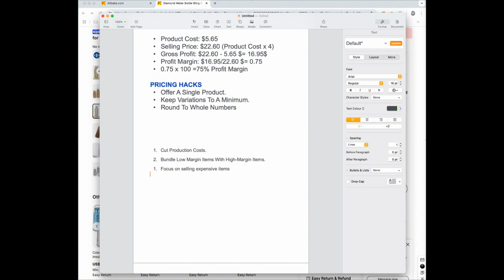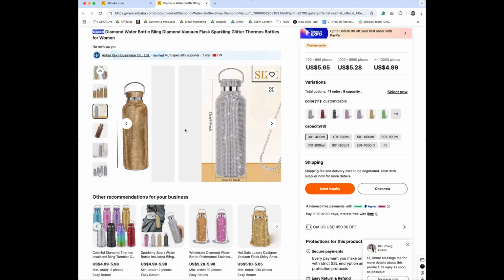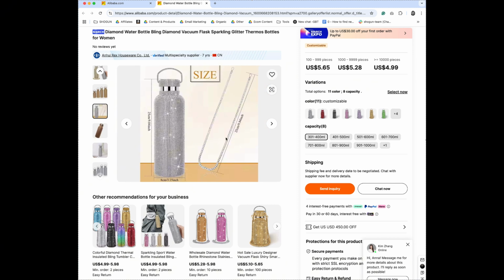Also, what is a great thing to do is bundling low profit margin items with high profit margin ones. Imagine Gucci is selling a bag and they are adding this not as an upsell but as a bonus. They can just blend the price for this product into the bag cost.